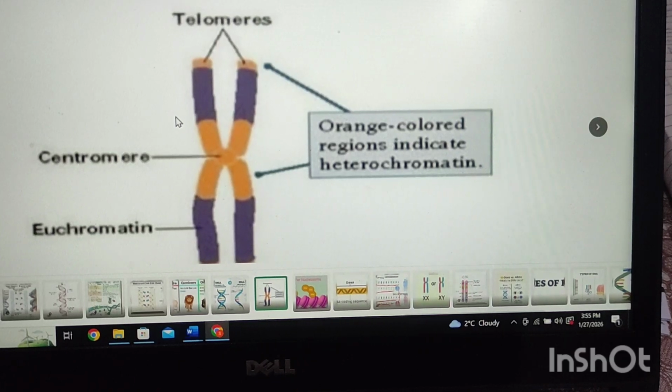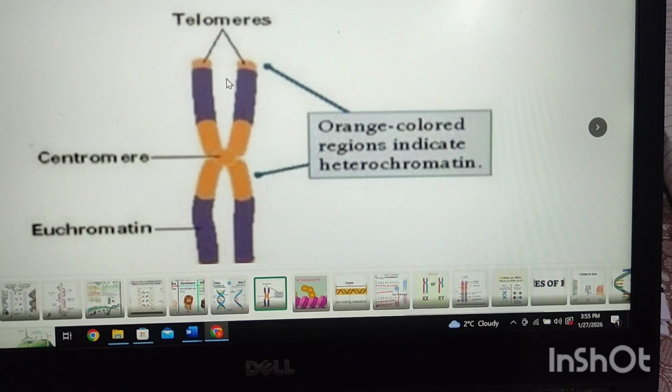It can become active when needed, according to the portion around the centromere and near the telomere. For example, in the inactive X chromosome, the Barr body condition, it becomes active.